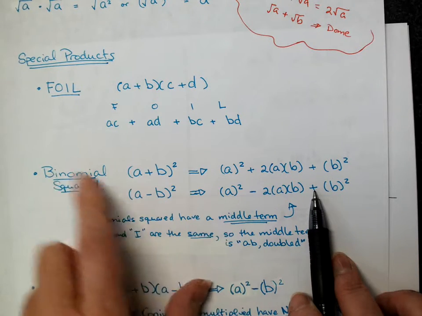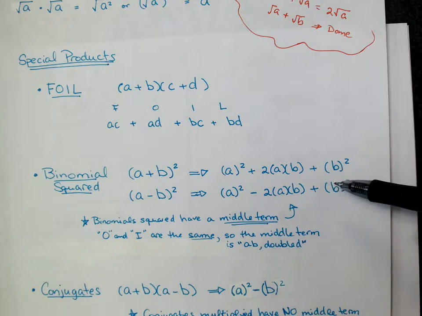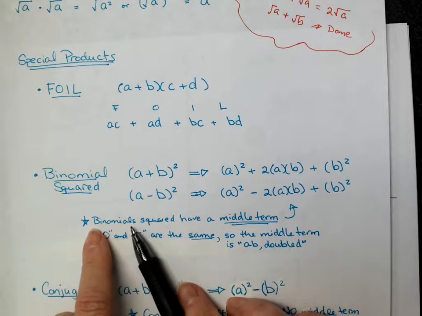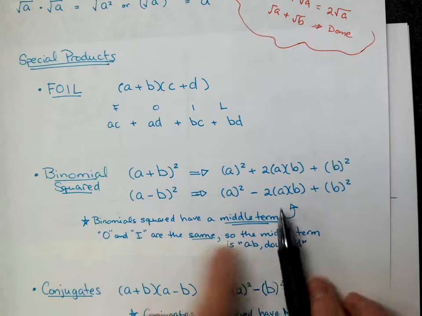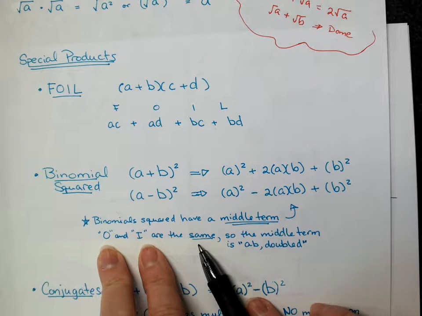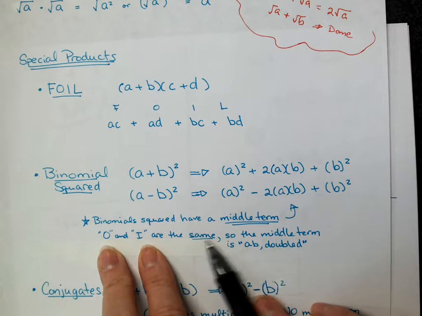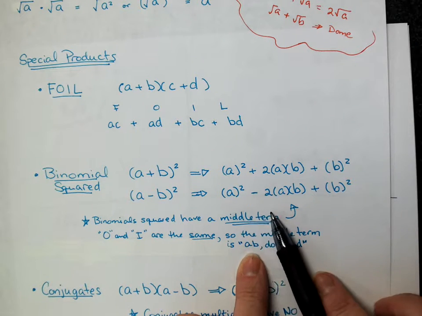So regardless, the binomial squared is either 2 pluses or 2 minuses, your b squared is always going to be positive. And again, I pointed this out before, and I'll keep pointing it out in new contexts. Binomial squared has a middle term. That O and the I are the same. Either ab and ab or negative ab and negative ab, so the middle term is just your ab doubled, or negative doubled.